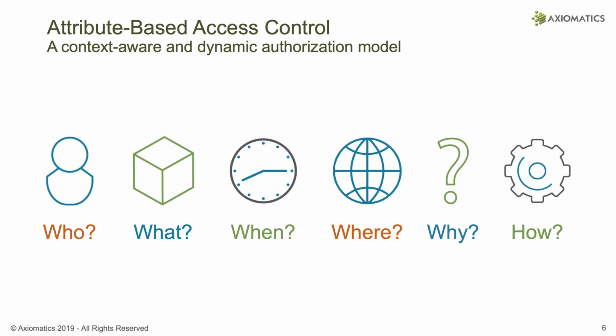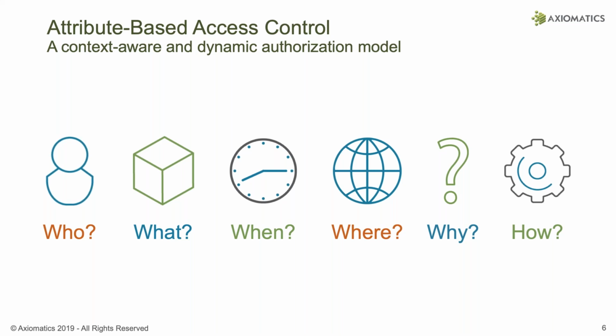We're here to talk about how we can apply attribute-based access control to authorization for APIs, and more specifically, how we can handle the concept of redacting and filtering information that an API gateway, and in my case, Apigee, can do.